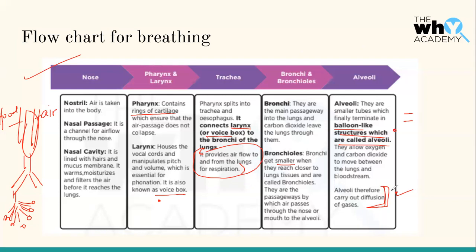I will keep telling you, at least in bio, that these are the keywords, so make sure those are included in your notes. The other things you can write in your own words. Like I said, the common function for all of these is that they provide airflow, so you can just merge that and say airflow. You don't need to write 10 times that they are the passageway.